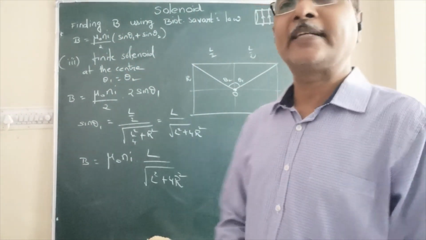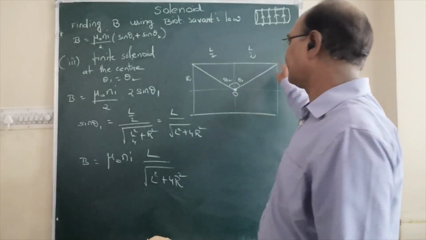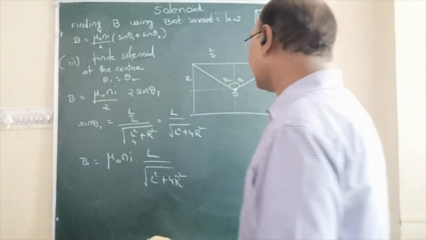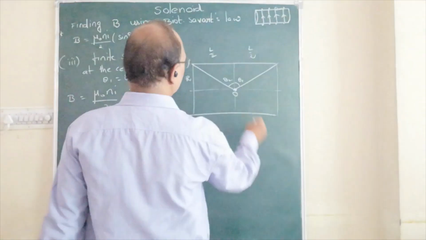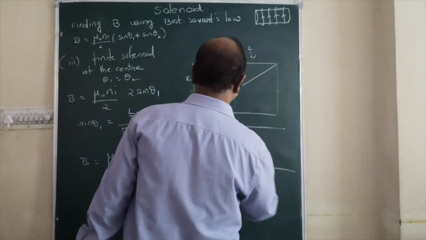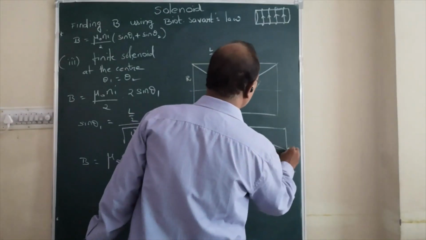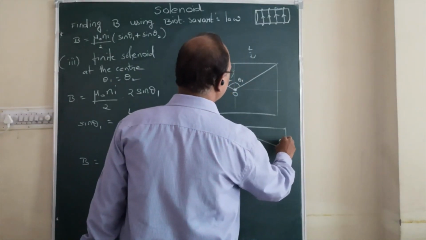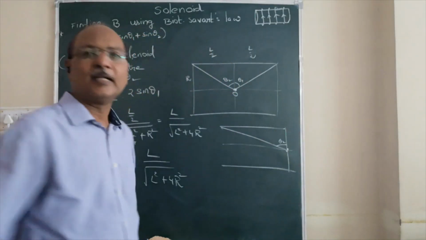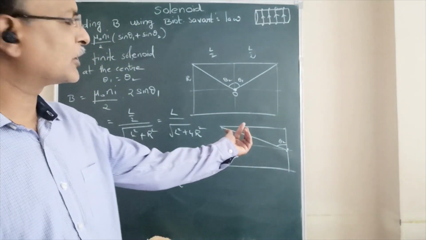In case we want to find it at any one end, we can take this angle theta 2. Theta 1 will be 0, theta 2 we can find out.